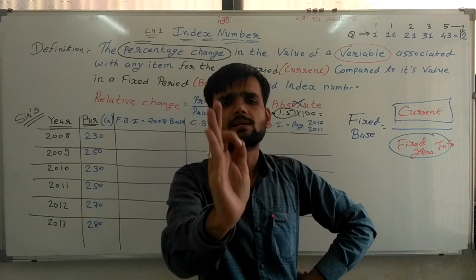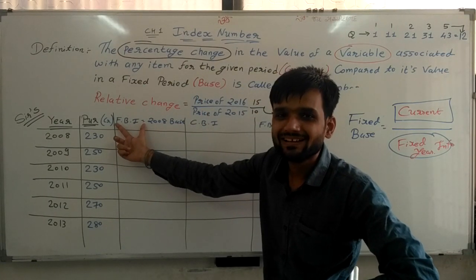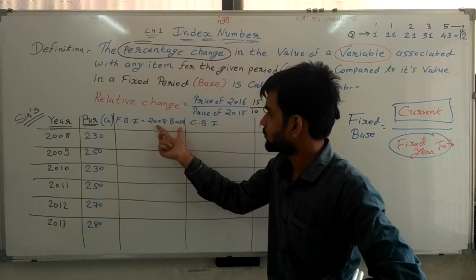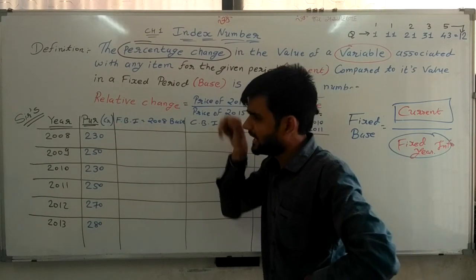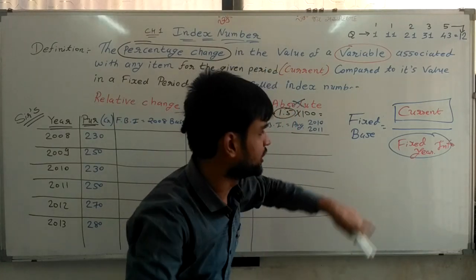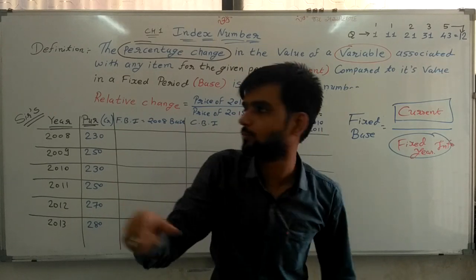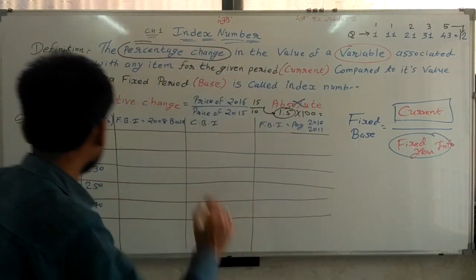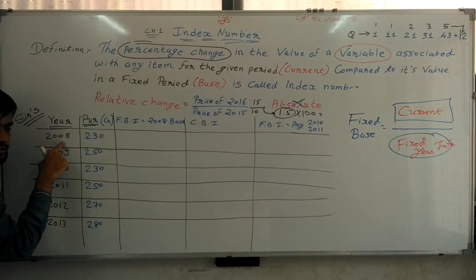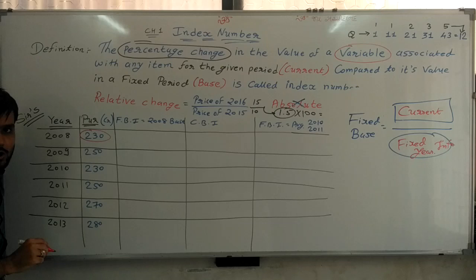Find fixed base index number by taking 2008 as the base. 2008 as the base means in denominator fixed year information. 2008 purchase information is 230.